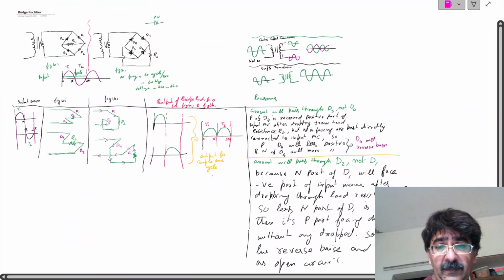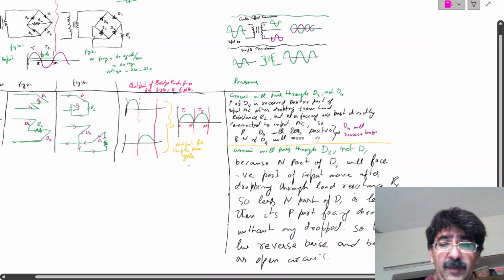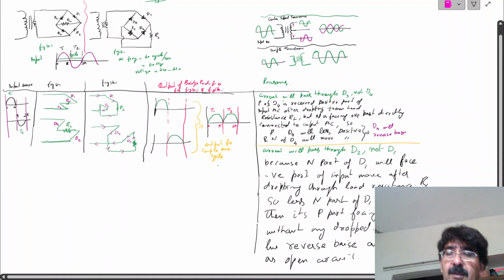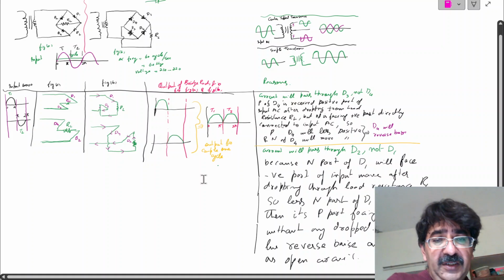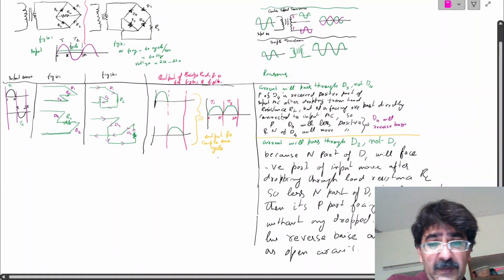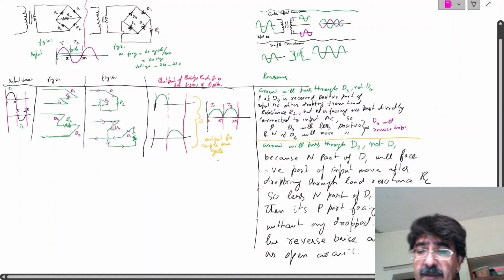Now the note is completed, and this is all about the bridge rectifier. This was the input wave for T1 and T2. I have divided the input wave into two parts, 0 to pi positive and pi to 2 pi negative.